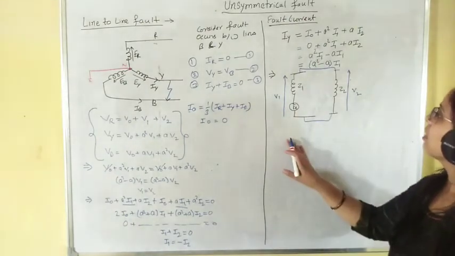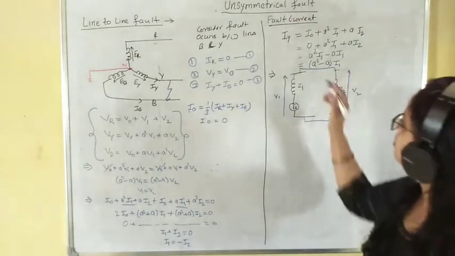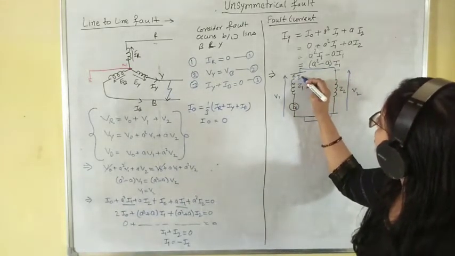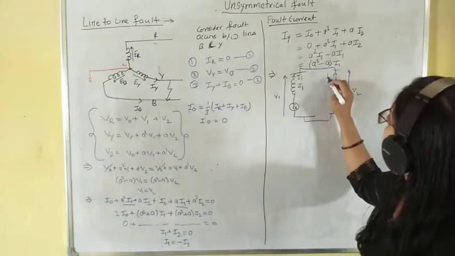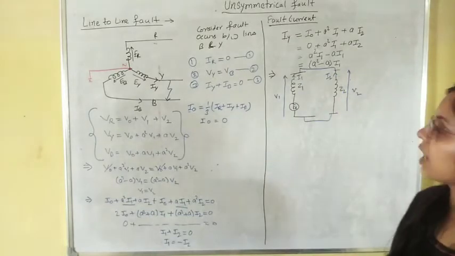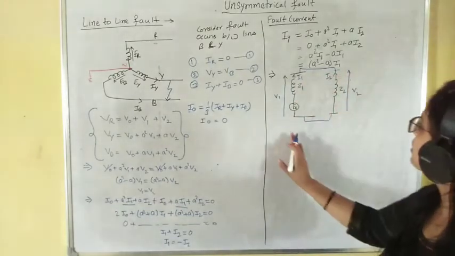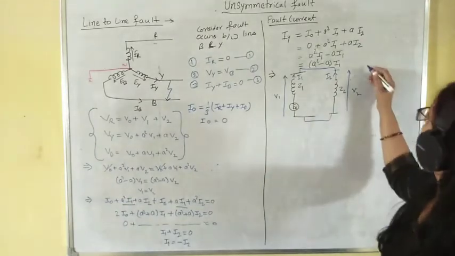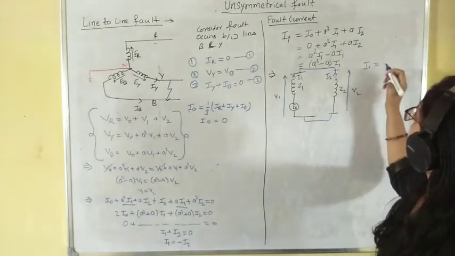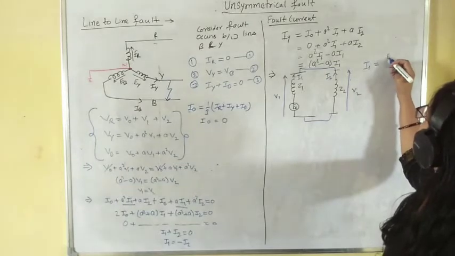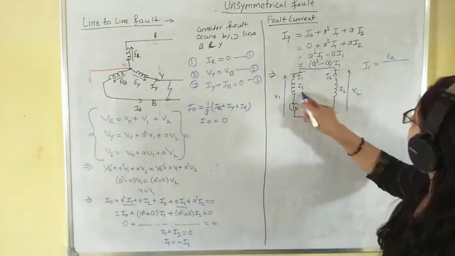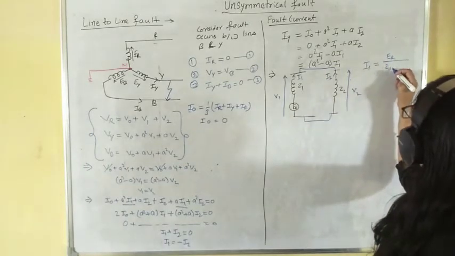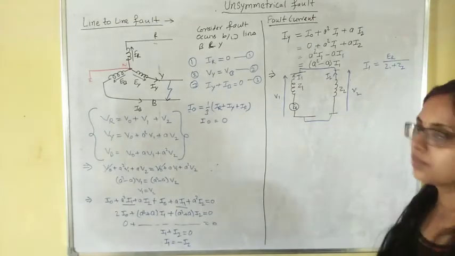Okay. Now from this diagram, if the positive sequence current is I1 and the negative sequence current is I2, from this diagram we can conclude what I1 is. It is ER upon Z1 plus Z2.